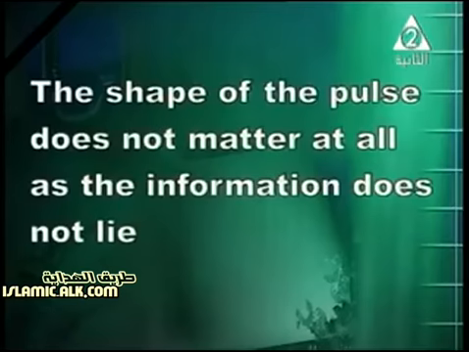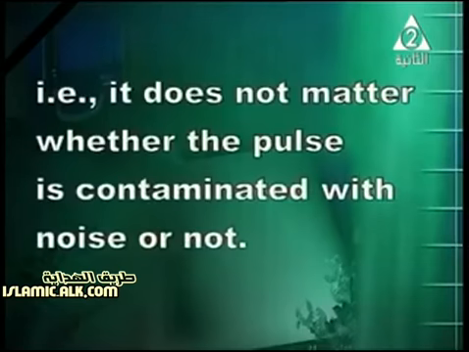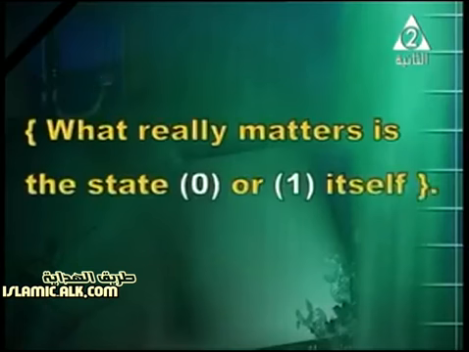The shape of the pulse does not matter at all, as the information does not lie in the absolute value of the signal, but in the code 0 or 1. That's to say, it doesn't matter whether the pulse is contaminated with noise or not. What really matters is the state itself, state 0 or state 1.